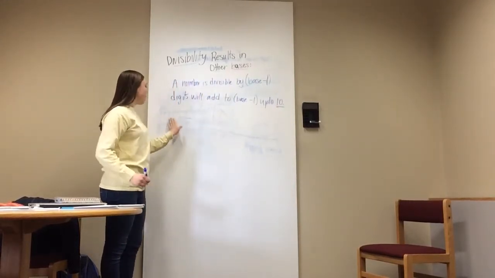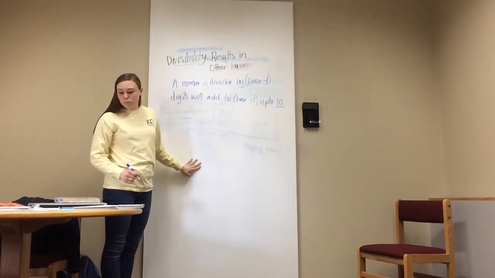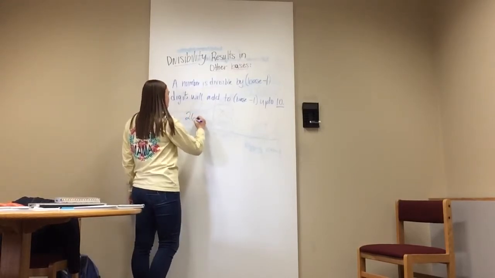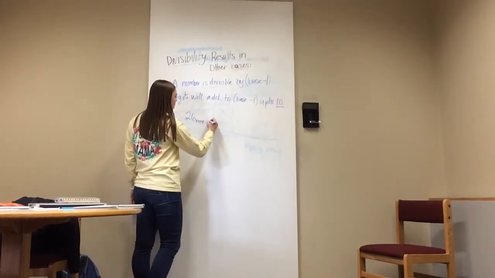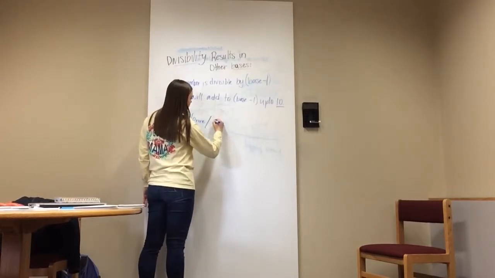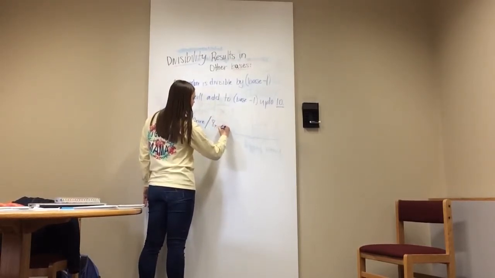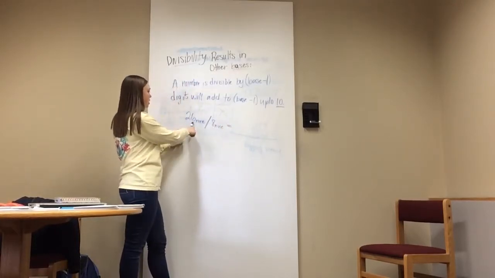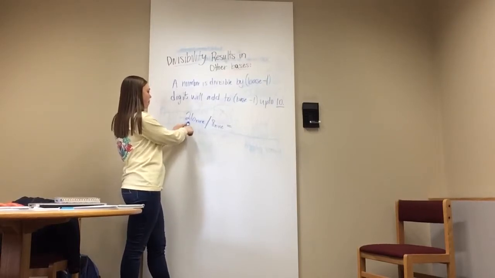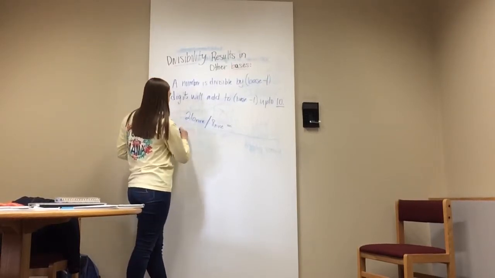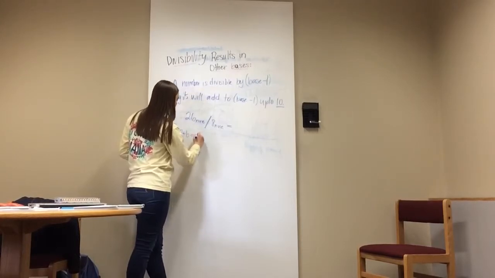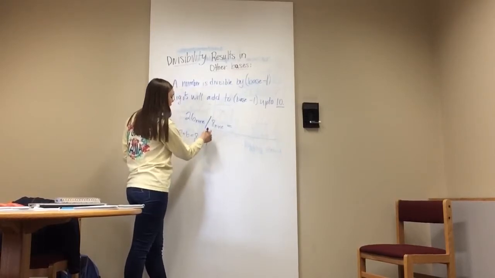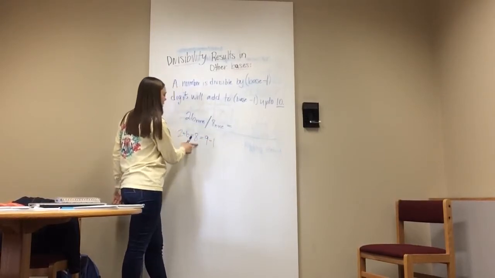An example problem for this one is if we have 26 base 9 divided by 8 in base 9. We can see that 2 plus 6 gives us 8, which is equal to our base, 9, minus 1, which also gives us 8.